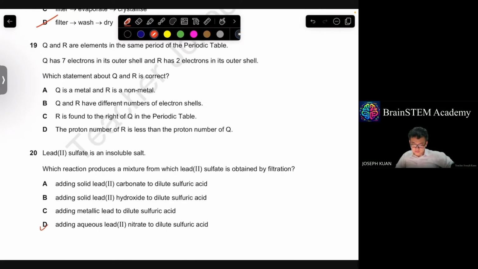Moving on, Q and R are elements in the same period of the periodic table. Q has several electrons in the outer shell, and R has 2 electrons in the outer shell. Which statement about Q and R is correct? Q is most likely from group 7, and R is from group 2. Group 2 is a metal, group 7 is a non-metal, so A is wrong.